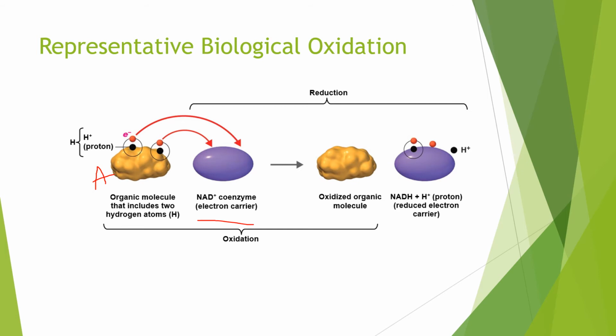One coenzyme is NAD positive, and again, it's going to accept those electrons that are being lost. So reactant A, what happened to it? It got oxidized because it lost its electrons, and that coenzyme basically gained those electrons, so it got reduced. So you can see right here, it gained those protons. We call it protons because it's carrying a charge. So since it gained it, we say that it's been reduced.